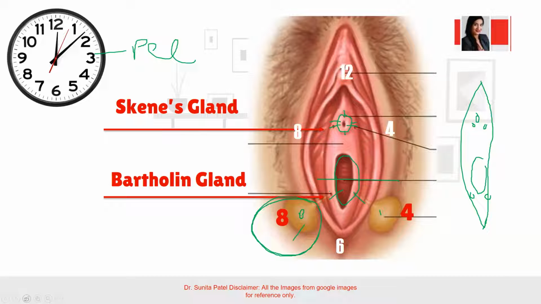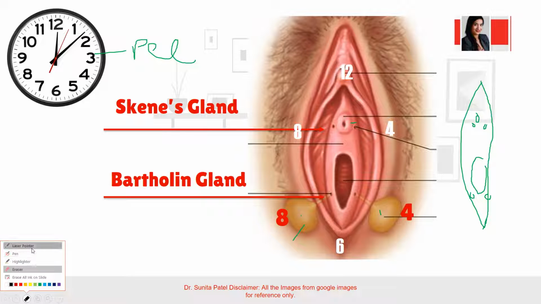Okay, let you understand the vestibule. The vestibule is a surface area which is inside the labia minora. If you divide the vestibule, for example, into 100% along this length, this much is the vestibule all the way downward.